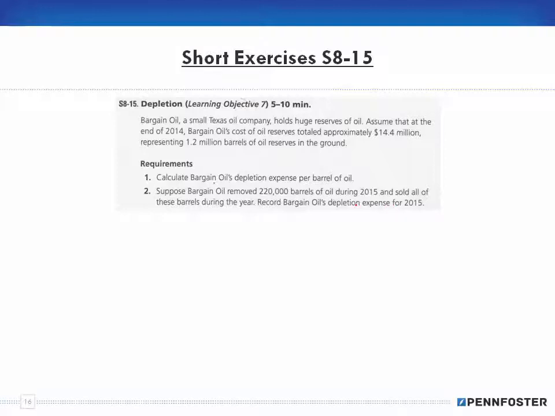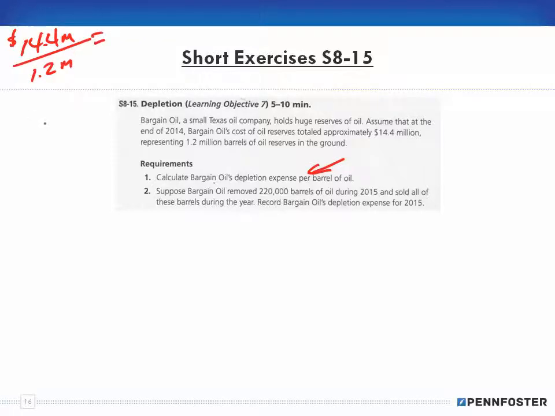Right, so number one, we need to figure out our depletion expense per barrel of oil. This is very similar to units of production. The cost is 14.4 million, and that represents 1.2 million barrels in the ground.